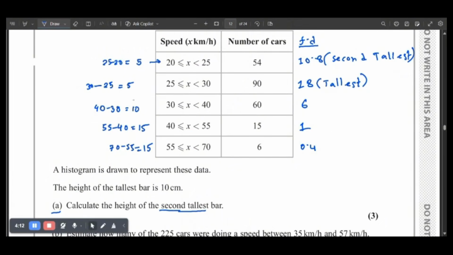We know the height of the tallest bar is 10 centimeters, meaning that the tallest bar, which has a frequency density of 18, is represented by 10. So we can form a ratio of 10 by 18, and we can equate this ratio with the ratio for the second tallest bar.